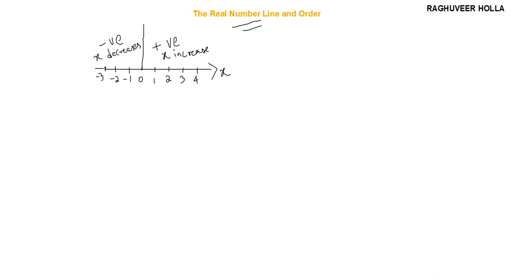Now we have already discussed a few of the topics: pi, which is 3.14, and the exponential e, which is 2.718 and so on.